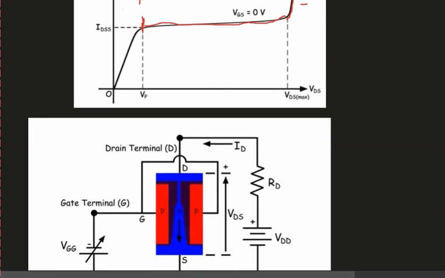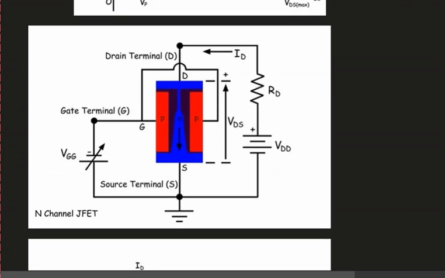So, we have the representation here of the circuit that we can consider. Based on this circuit, a DC voltage source is connected to our output resistance.